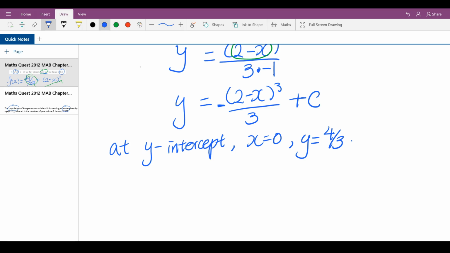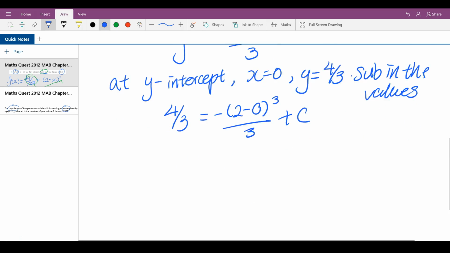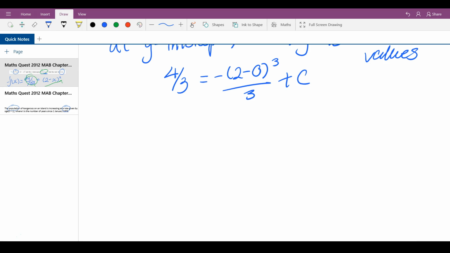So we're substituting the values. Our equation becomes 4/3 equals negative (2 minus 0) to the power of 3, over 3, plus c. Now we only have one unknown in the equation, so we can solve for c.